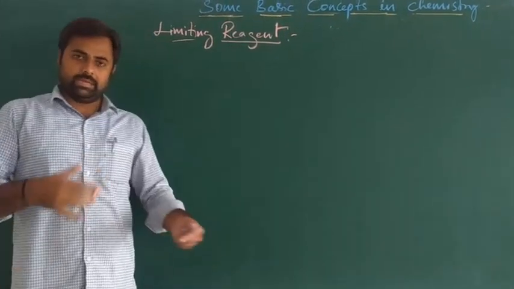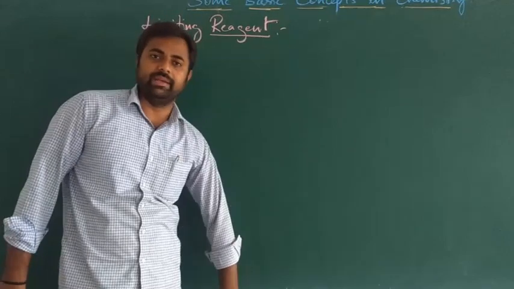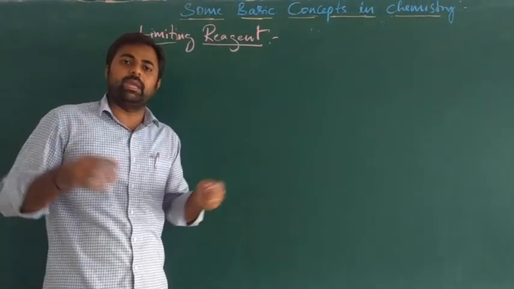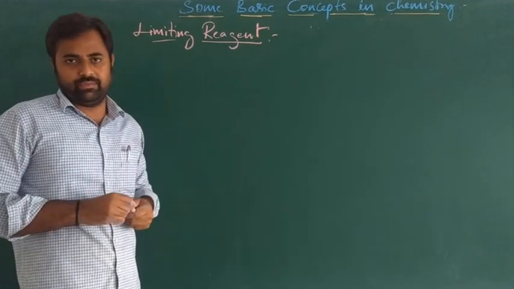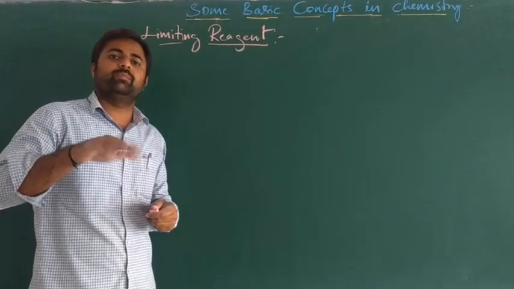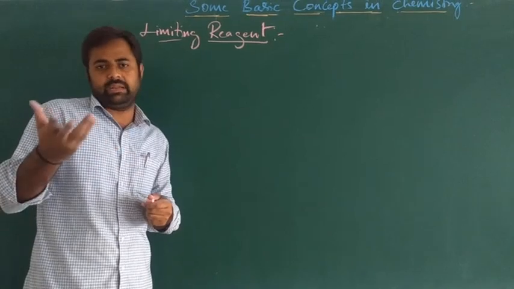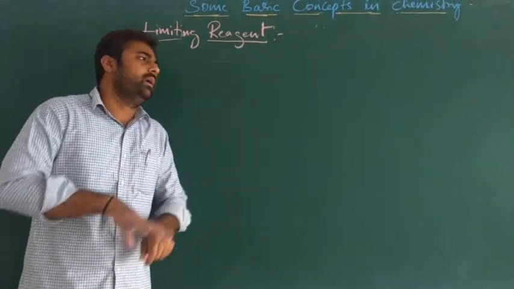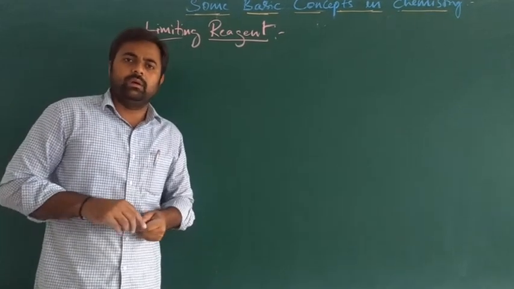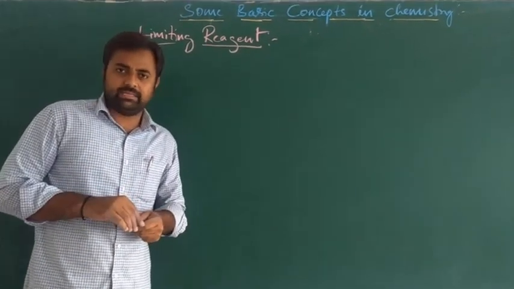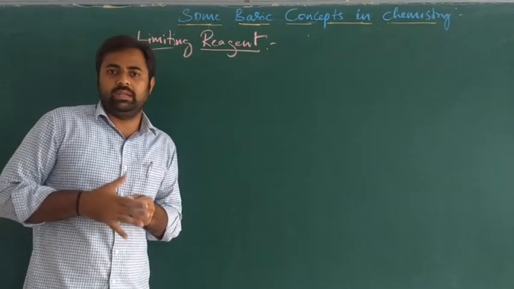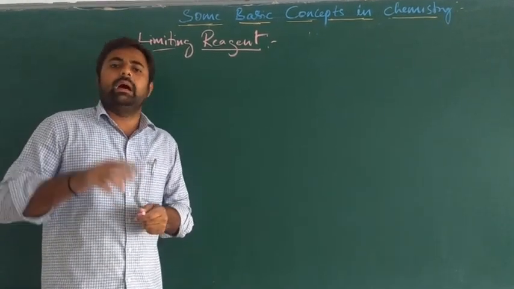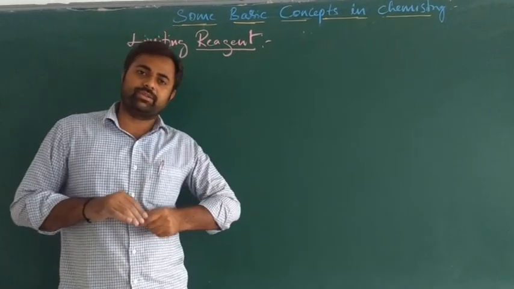The next concept is limiting reagent. I hope you all know that a balanced chemical equation contains more than one reactant, two reactants or three reactants. Out of those reactants, one reactant is present in a larger quantity than required in the balanced equation.